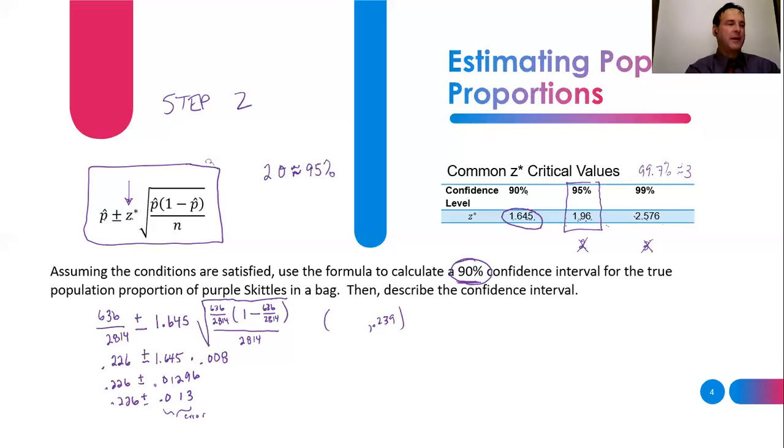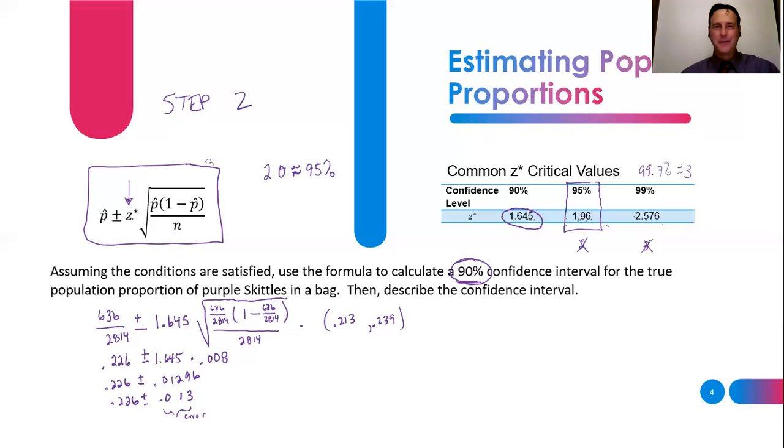And then my lower boundary: I put that 0.01296 in as well, subtract those out, 0.213. And that is the calculation portion for our work.